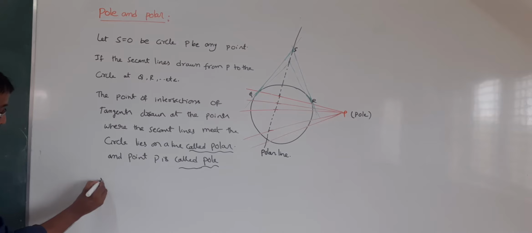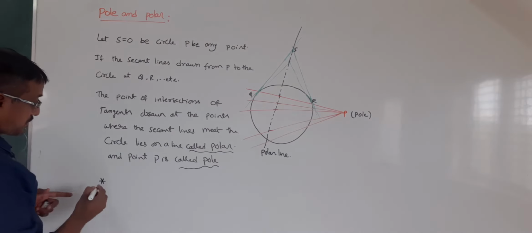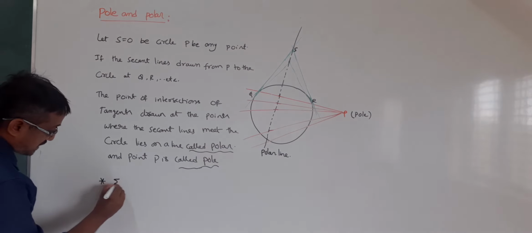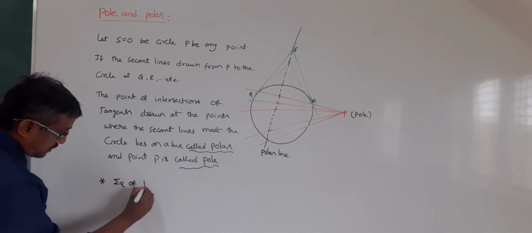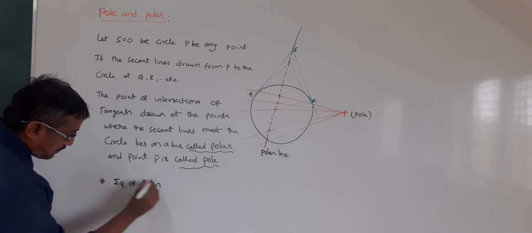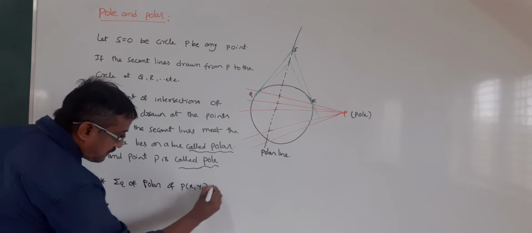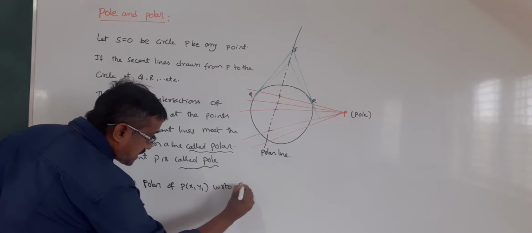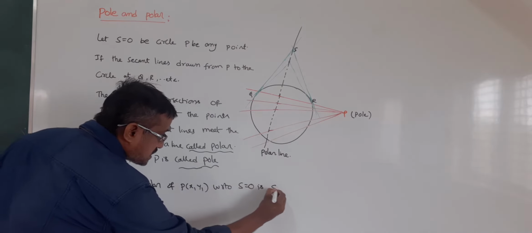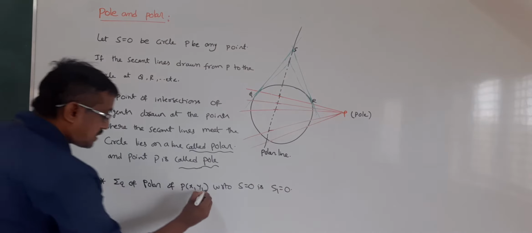And another important theorem, you can try to prove this theorem. The equation of the polar of P(x1, y1) with respect to S = 0 is S1 = 0. Very, very important concept.